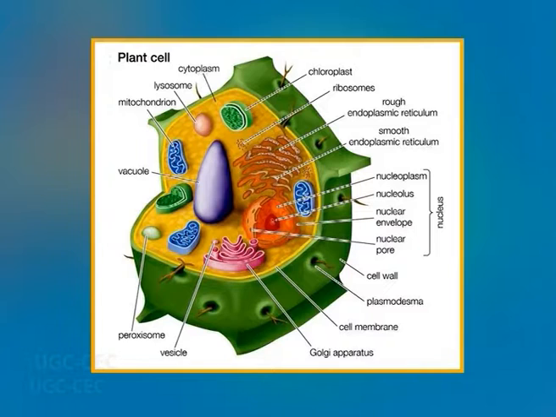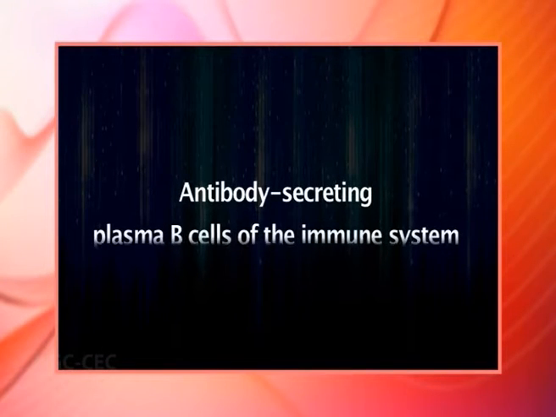A common feature among Golgi is that they are adjacent to ER exit sites. The Golgi apparatus tends to be larger and more numerous in cells that synthesize and secrete large amounts of substances, for example, the antibody-secreting plasma B cells of the immune system.